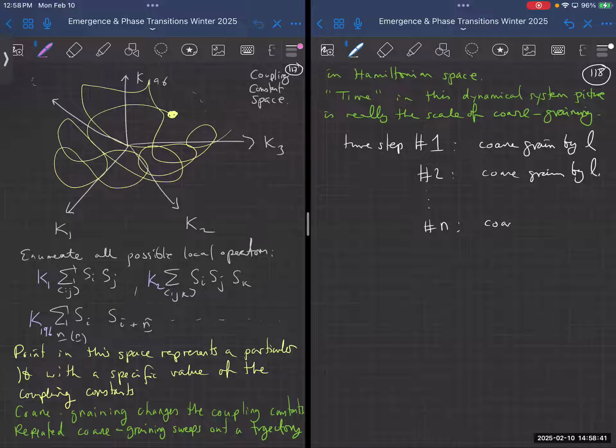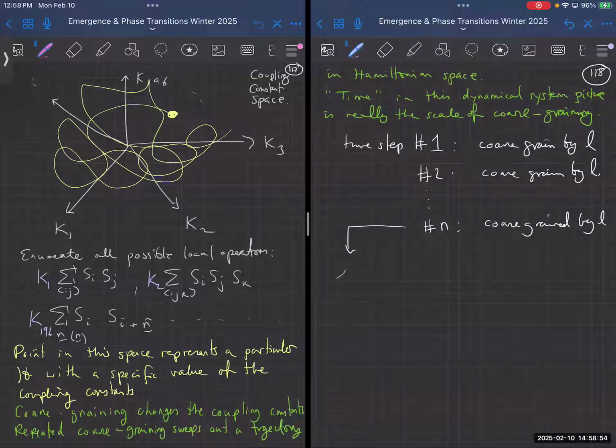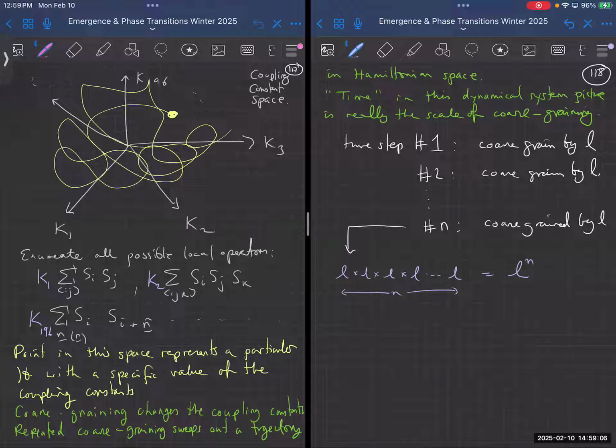I've coarse grained again by L. And once I've got to this level, what is my length scale? I've coarse grained by L times L times L times L, all the way up to N of these things. So this is equal to L to the N. So the number of time steps tells me the scale I've got to is L to the N.